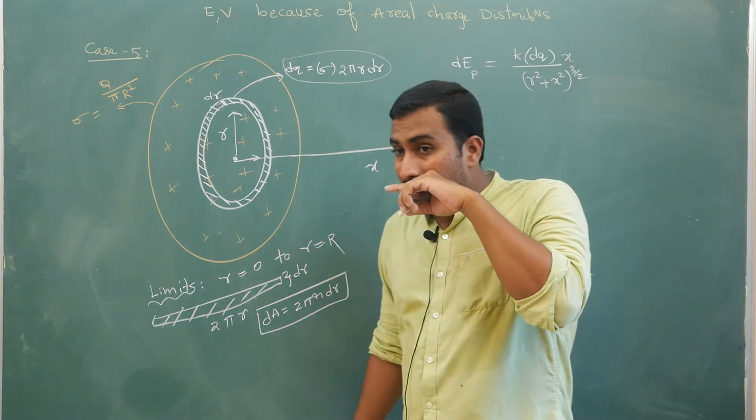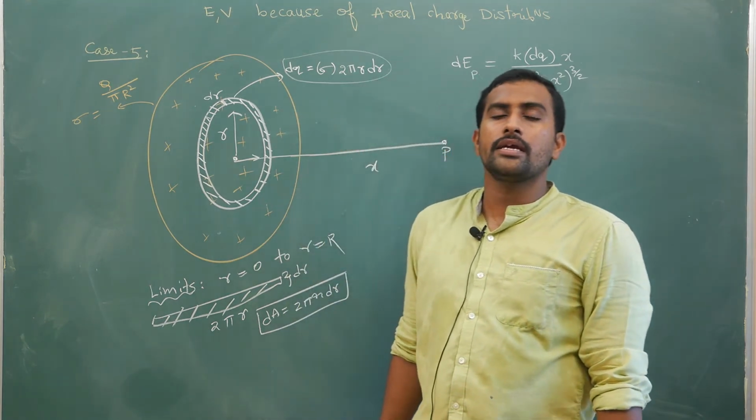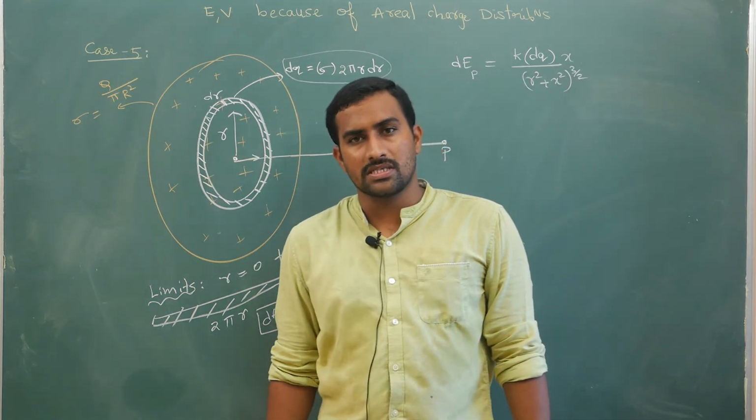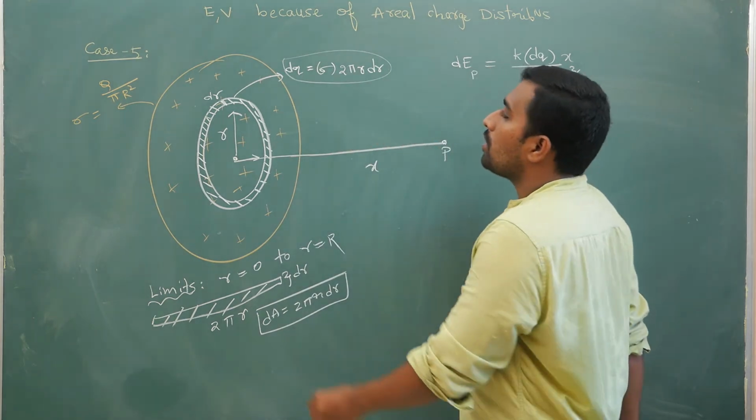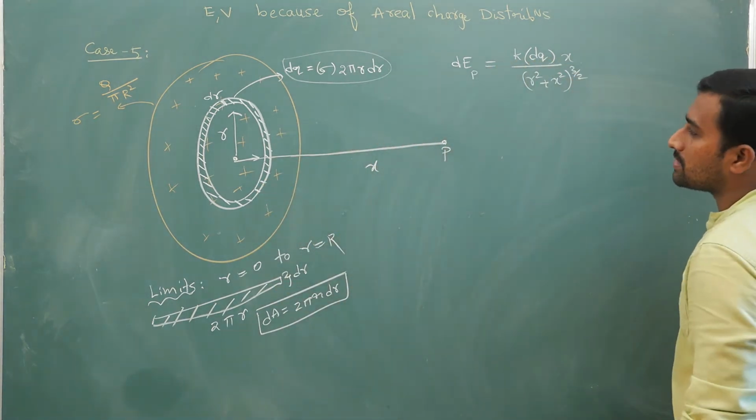Just now we have seen, because of a ring of charge, our formula is k into dq into x by r square plus x square whole power 3 by 2. So because of this dq element, it is k into dq into x by this much.